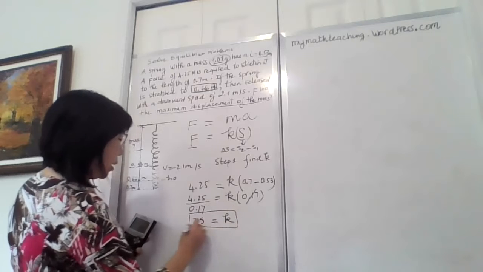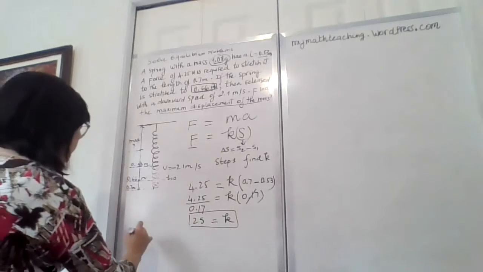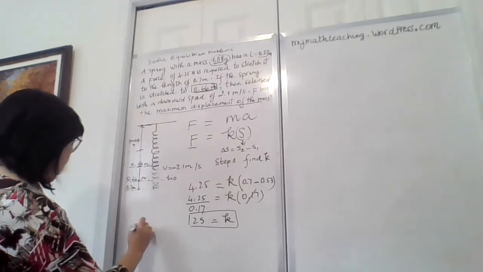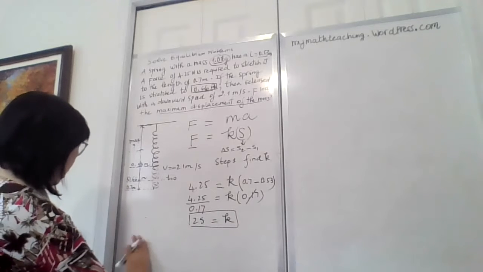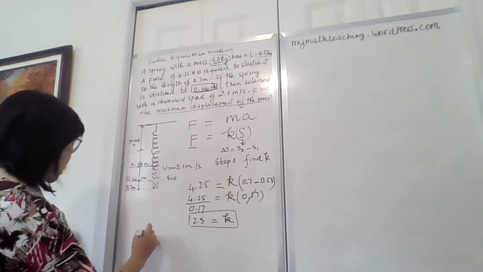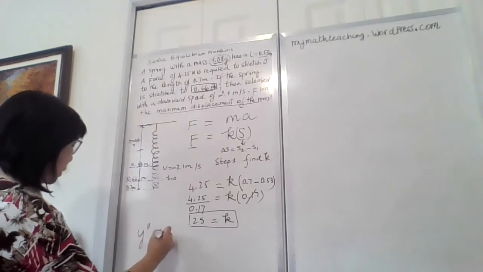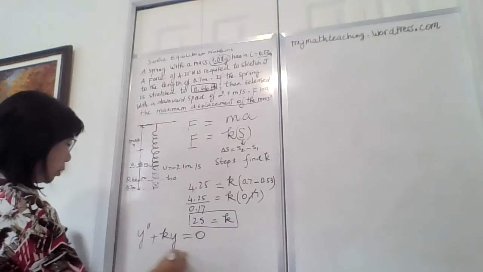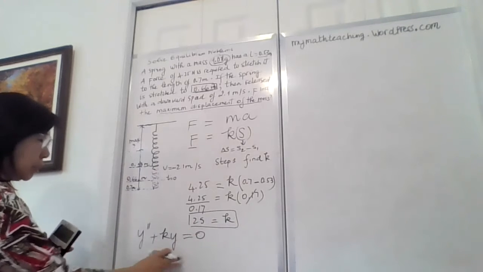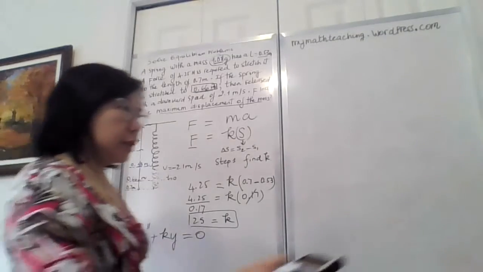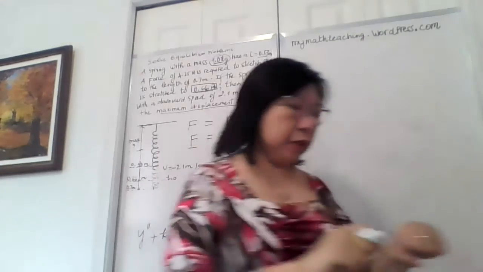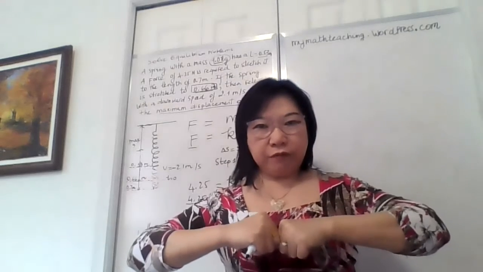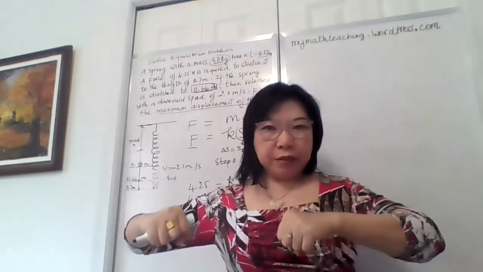So now we know k. Now we put it into our differential equation, the second derivative. Let me write it in this form first. Remember, this is the differential equation in the equilibrium system. The reason we have an equilibrium system is that any force has an equal reaction force, and the force has a direction.